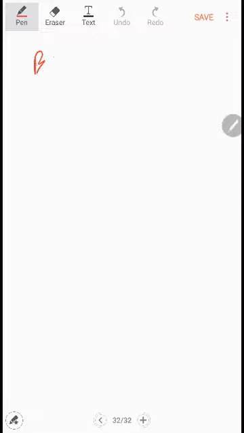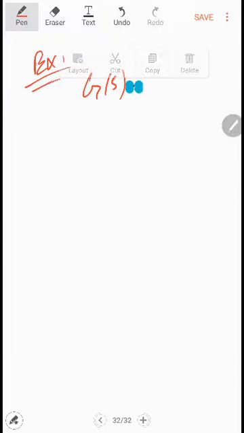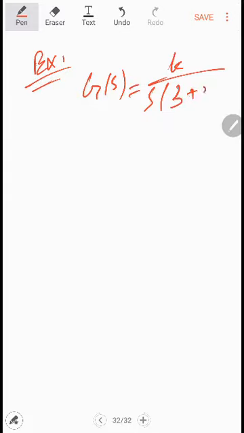Let's say we have a system with transfer function G(s) = K divided by s(s + 2). We already know what the response of this system should be, because we discussed this in the time response analysis of the second order system.